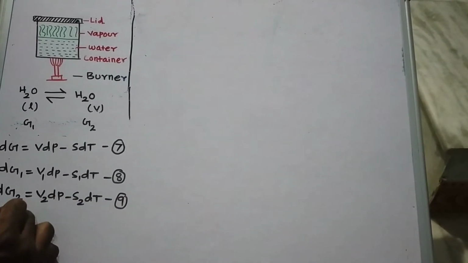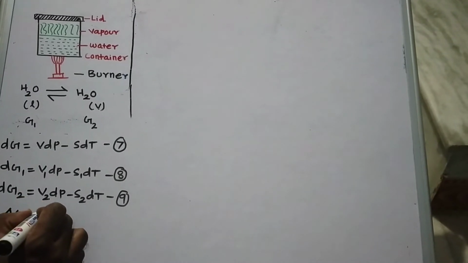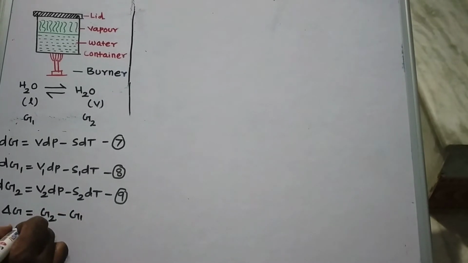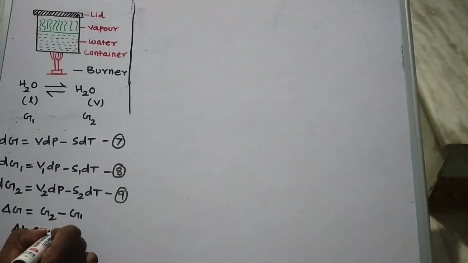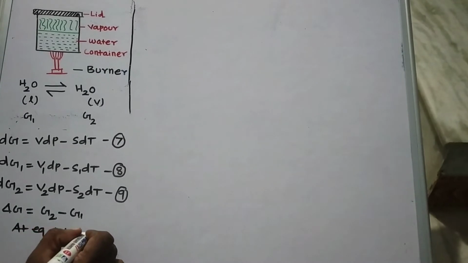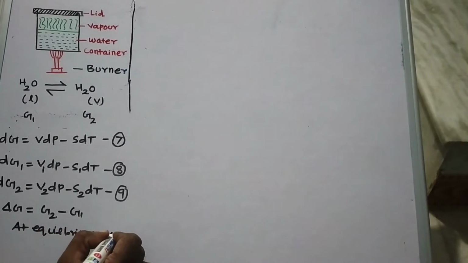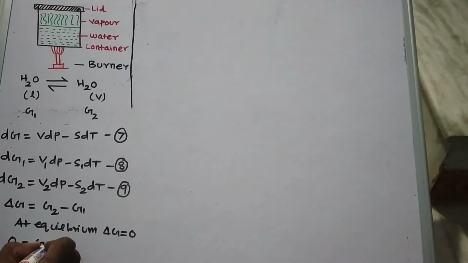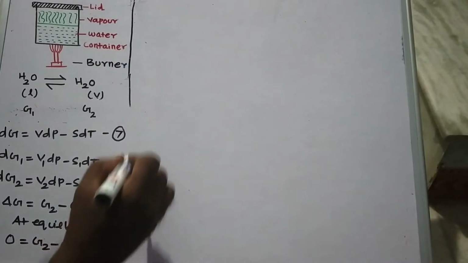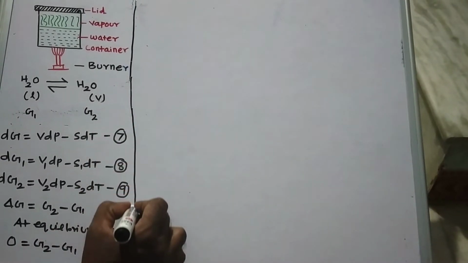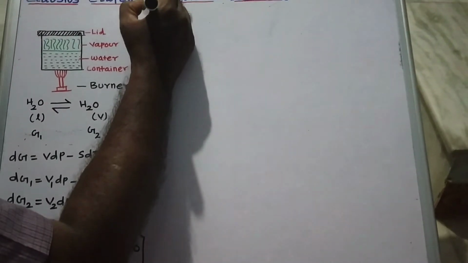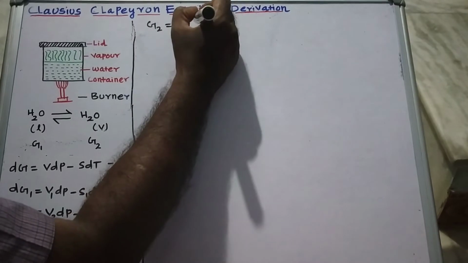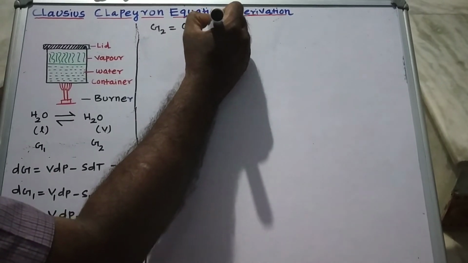It's well known that delta G is equal to G2 minus G1. At equilibrium delta G is equal to 0. Therefore 0 is equal to G2 minus G1. Therefore G2 is equal to G1. This is equation number 10.